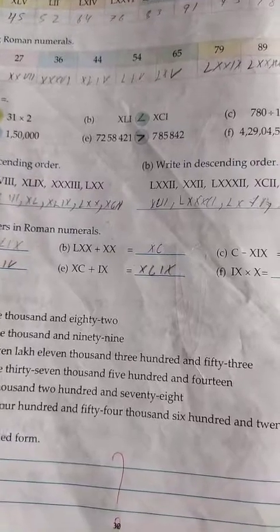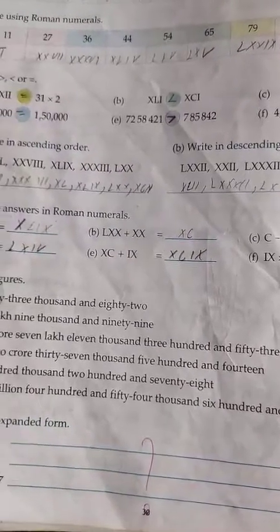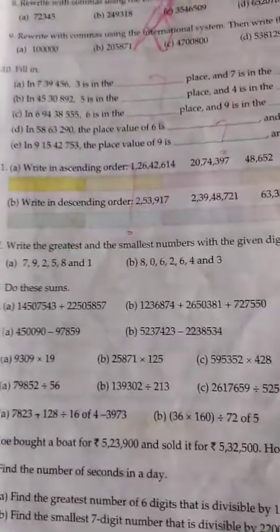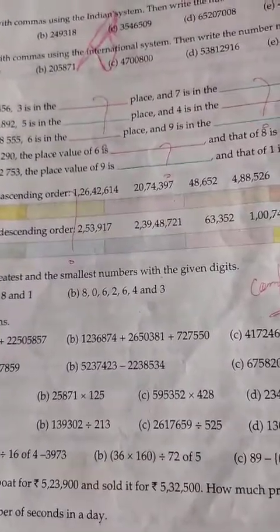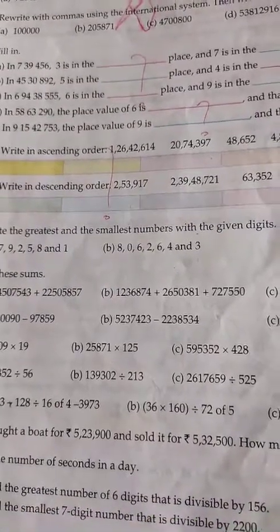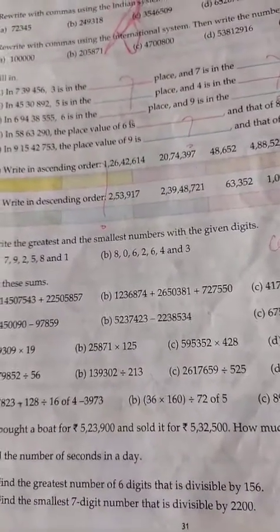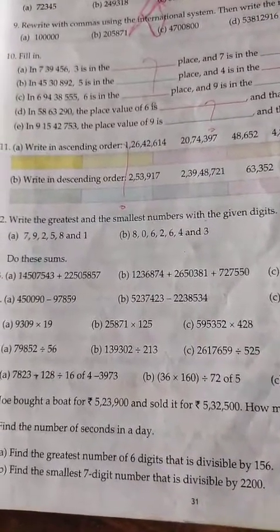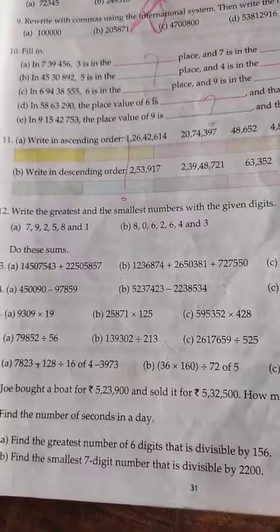So now these questions you have to attempt by yourself. This is also your homework for both pages, page number 30 and page number 31. These are simple questions. All these are revision. So you can easily do all these questions. So this is your homework.